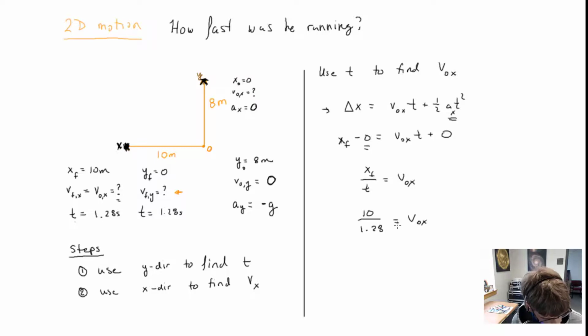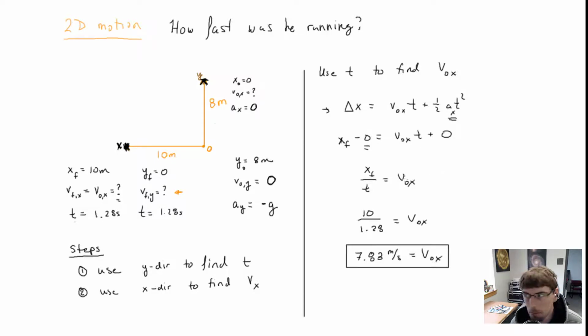So 10 divided by this answer, I get something like 7.83 meters per second equals v naught x. There we go. Cool. Now this is certainly doable. This is pretty easy. I mean, a good sprint, not a problem.